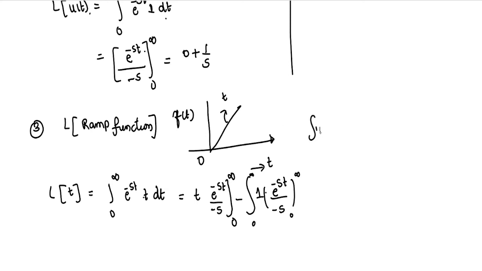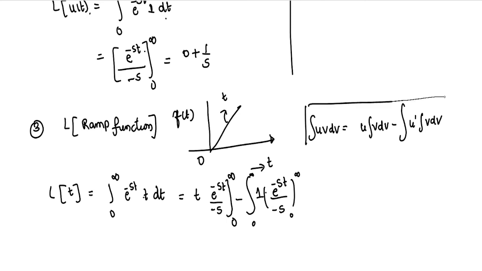See, integration of u v dv is equal to u into the integration of v dv minus the integration of u dash times the integration of v dv. So this is the formula for integration of uv.